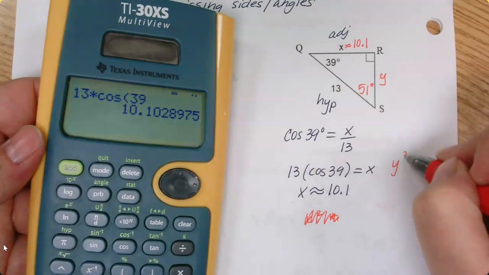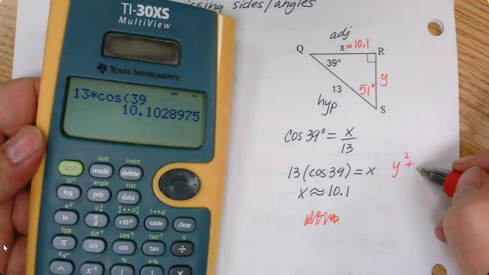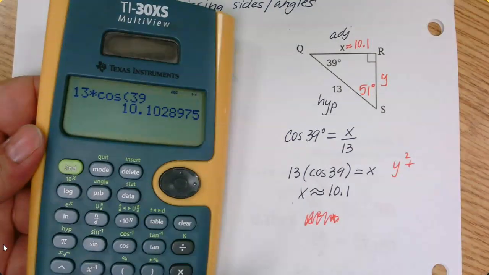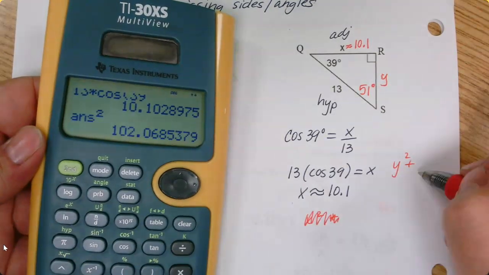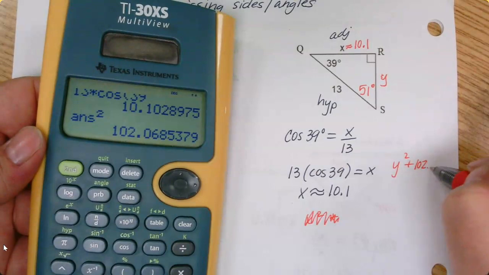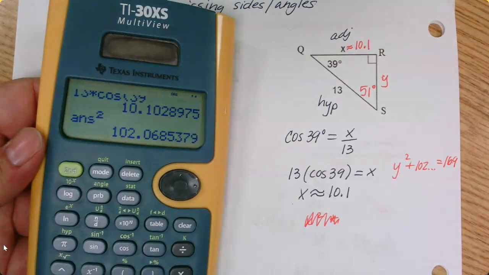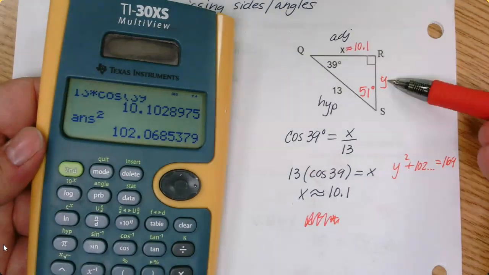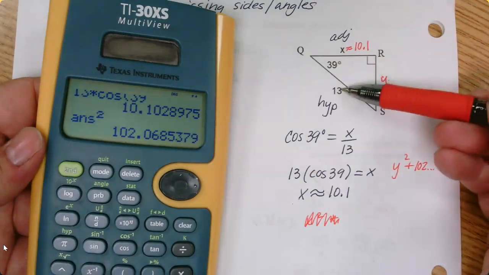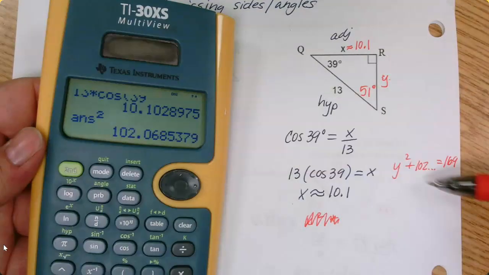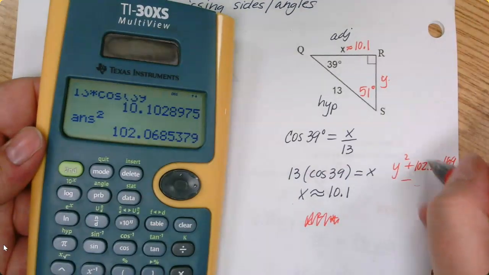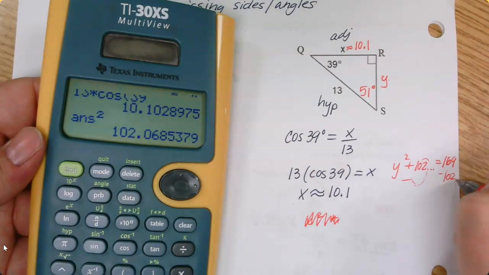Y squared plus this thing squared, so let's square it. All of that, 102 point something, equals 13 squared, which is 169. That's y squared plus this squared equals 13 squared. I'm leaving it in my calculator to leave it as accurate as possible here.